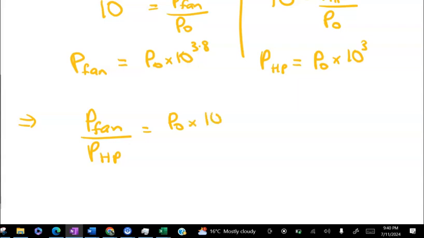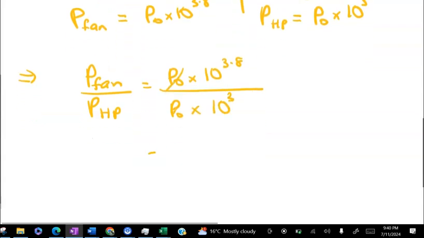Well, it works out really easily from here, right? We've got P naught times 10 to the power of 3.8 divided by P naught times 10 cubed. The P naughts simplify away. We've got the same base here, so we just subtract the powers, and we've got 10 to the power of 0.8. And you should be really happy when you bung that in your calculator, and out comes 6.3096.